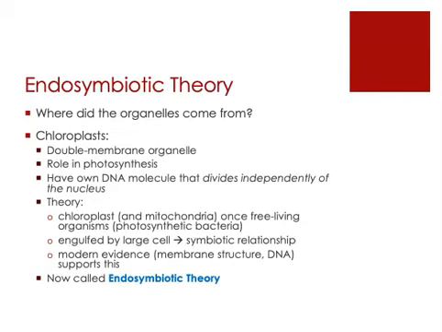So imagine this larger cell coming along and essentially engulfing this smaller cell, taking it inside. This smaller cell was able to do photosynthesis. It was able to harness energy from the sun and use that energy to produce ATP. That larger cell would then benefit because it had a source of ATP inside of it now. The smaller cell also benefited from this relationship because the smaller cell was now protected, tucked away inside the larger cell.